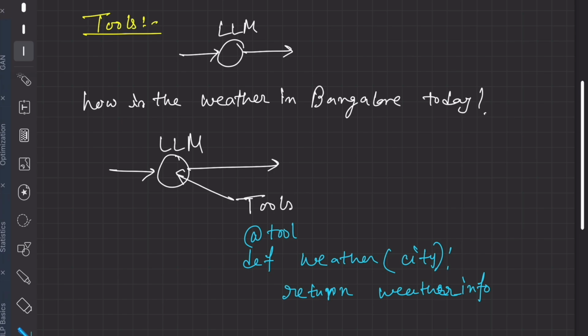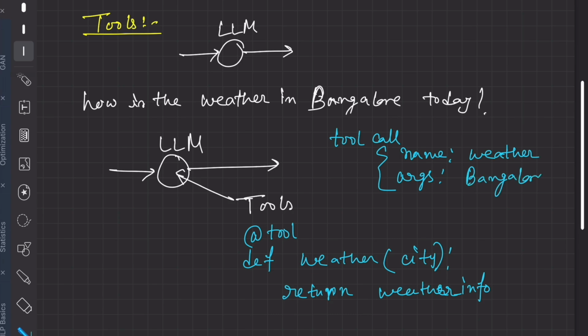It will not directly call the tool, it will output a tool call, with the name of the tool as weather and the argument as Bangalore.